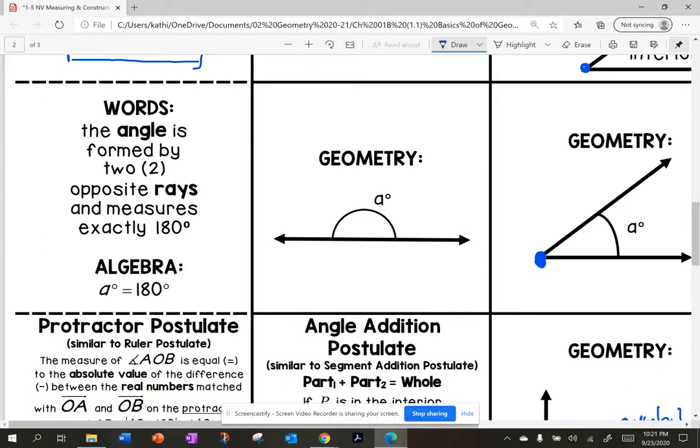My last angle is called a straight angle. And this is an angle where these are opposite angles or opposite rays. So here's my vertex. So this is an angle that is exactly equal to 180 degrees.